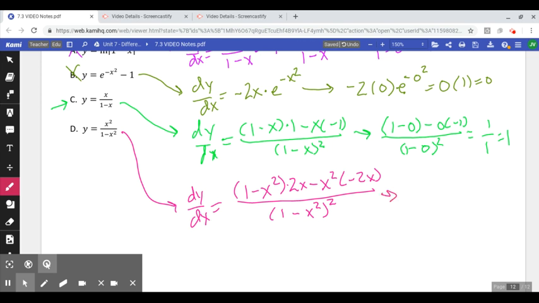So I think this first part is going to be 1. 1 minus 0 squared is 1, times 2 times 0, which is 0, minus 0 squared, which is also 0, times negative 2 times 0, which is 0. And then in the denominator here, we're going to have 1 minus 0 squared, and that has to be squared as well. So we wind up with 1 over 1, which is also 1.